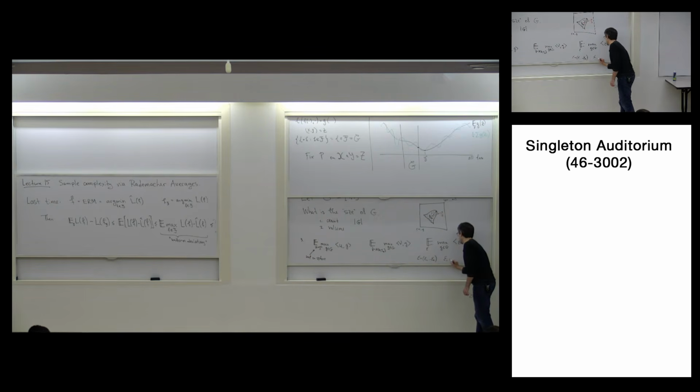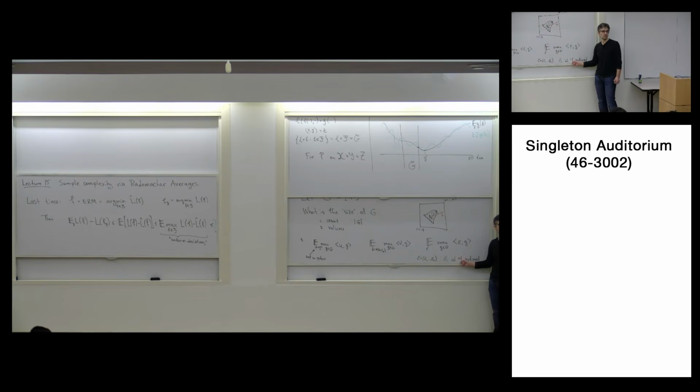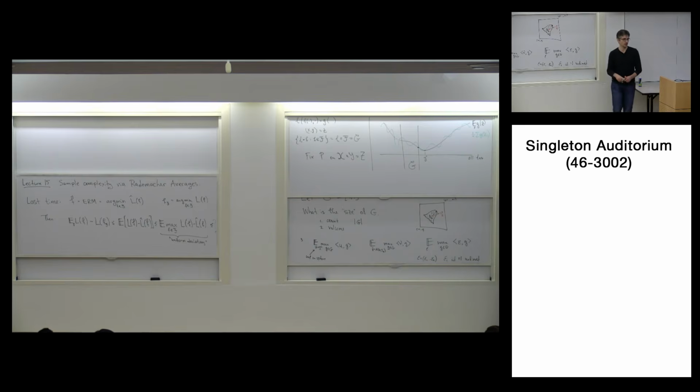So the epsilon i are IID plus or minus 1, unbiased. By unbiased, I mean the probability that it's plus 1 is 1/2, and the probability that it's minus 1 is 1/2.